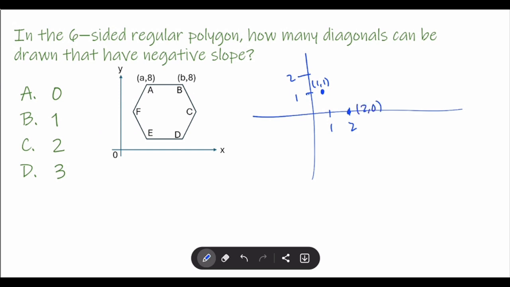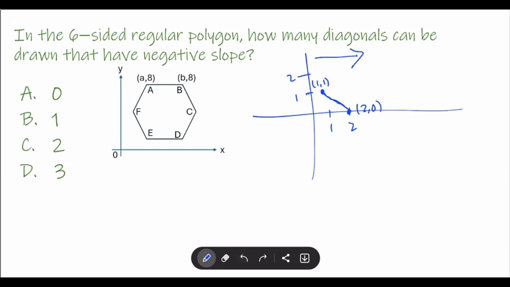So this point from 1, 1 down to this point 2, 0 is a negative slope. From left to right, it is moving downwards. Again, going from left to right, not from right to left, or else it looks like it's going upwards.